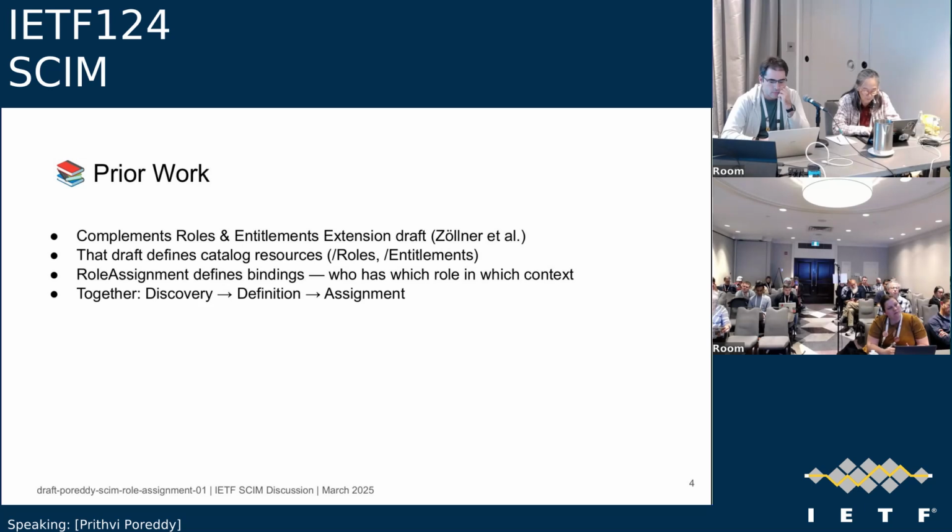Instead of describing roles themselves, it defines the binding. Who has which role in which context? Think of it in layers. The earlier draft covered discovery and definition, while this draft adds assignment and lifecycle. Together, it creates a complete model: discovery, definition, and assignment.